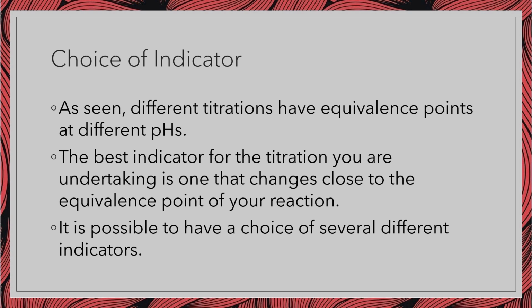Now, as seen, different titrations have different equivalence points at different pHs. Now, the best indicator for the titration you're undertaking is one that changes close to the equivalence point of your reaction. And it's possible to have a choice of several different indicators. So we're taking a bit of a step away from the titration curves, just looking at indicator choice, because of that whole strong, strong, strong, weak, weak, strong.